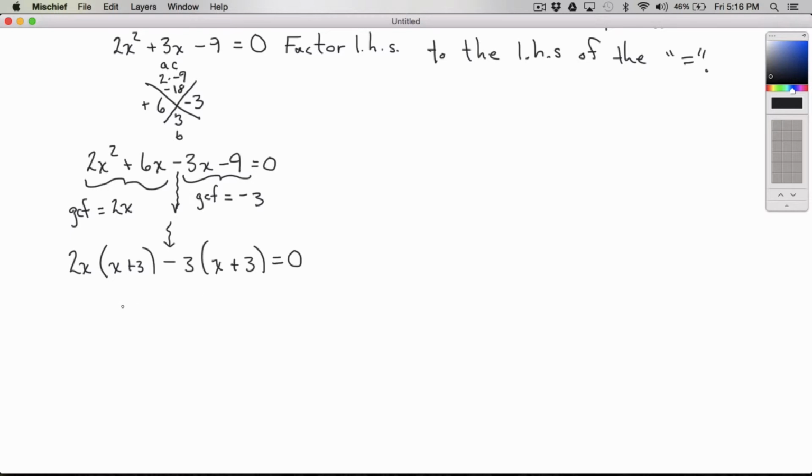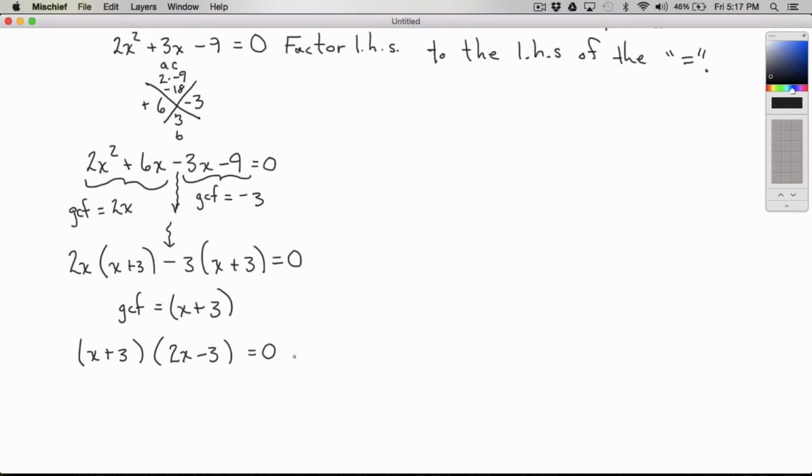But now notice that I have a new greatest common factor. In this case, it's the piece x plus 3, or I should say the binomial, sorry. So the x plus 3, that's our new greatest common factor. We take that out and we're left with a 2x minus 3. Again, the problem still equals 0.